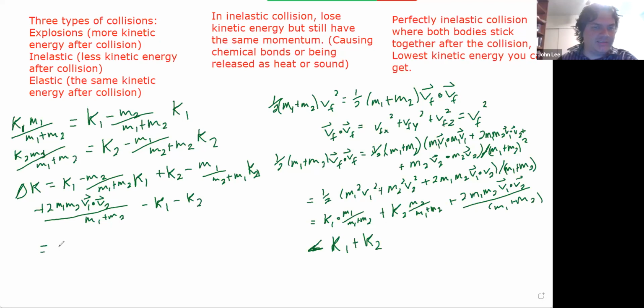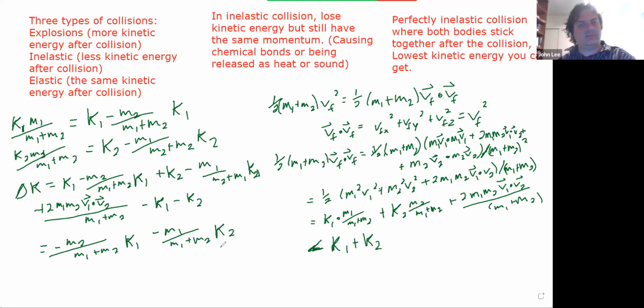So delta K is equal to negative M2 over M1 plus M2 K1 minus M1 over M1 plus M2 K2 plus 2 M1 V1 dot V2 over M1 plus M2.